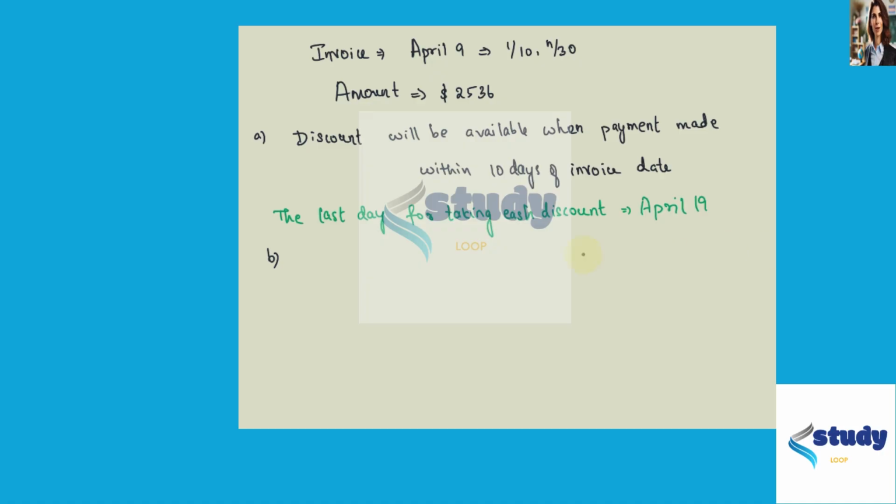So here the total invoice amount which is stated as $2,536, and on the last discount day its discount is 1%, so it is 25.36. So its difference will be 2,510.64.